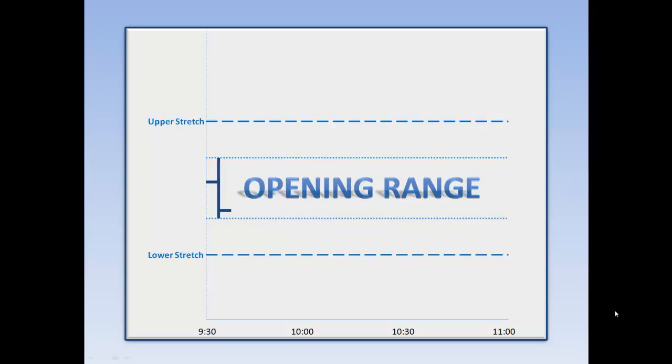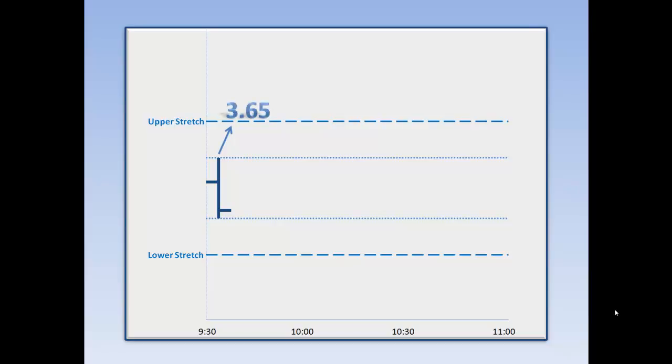And so what do we do with this calculation? Well, we add it to and subtract it from the opening range, from the high and from the low. We take that 3.65 and add it to the opening range high, whatever that number is.